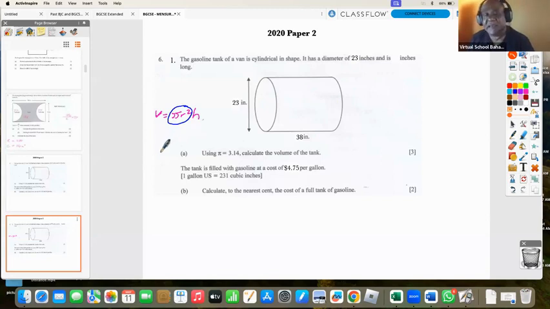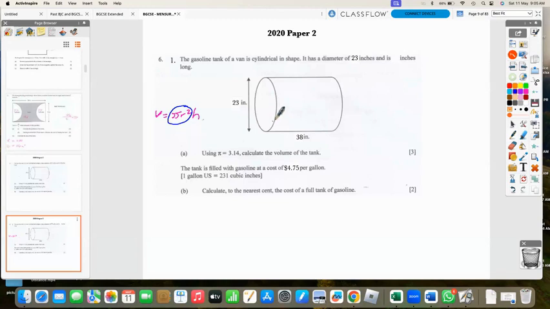In a triangular prism, the cross section will be in the shape of a triangle. If something has the cross section of a trapezium, then the base is a trapezium. Once you find the area of the base, you multiply it by the height. So far, you understand?